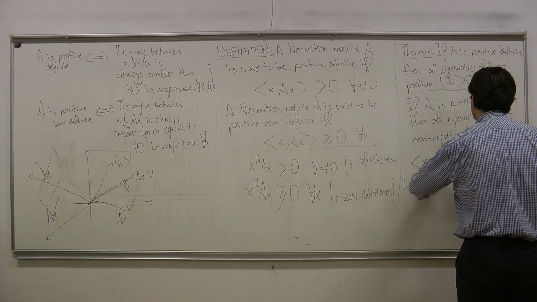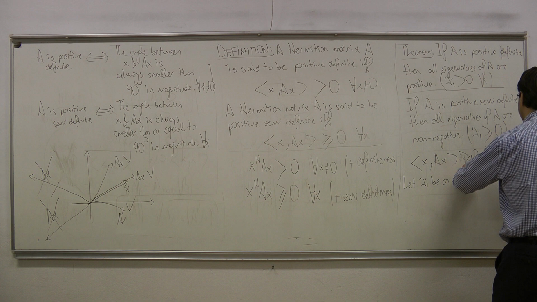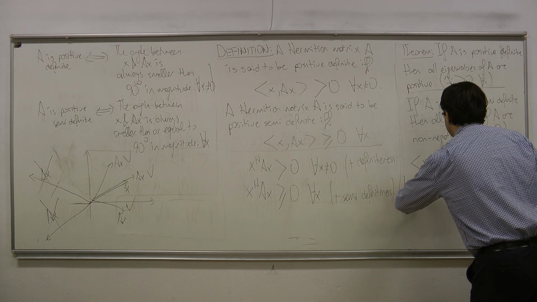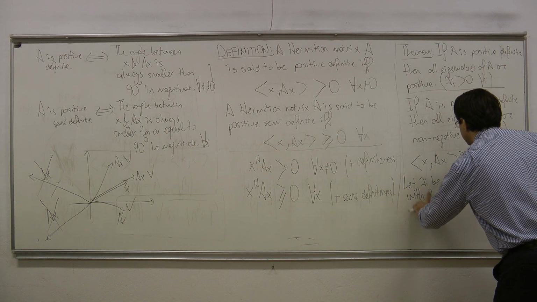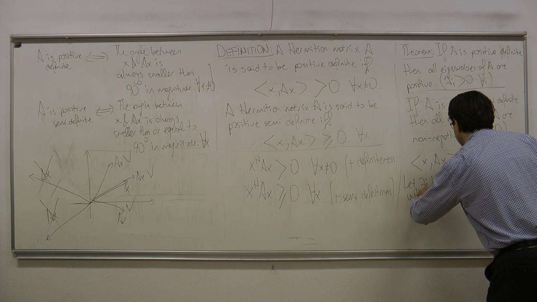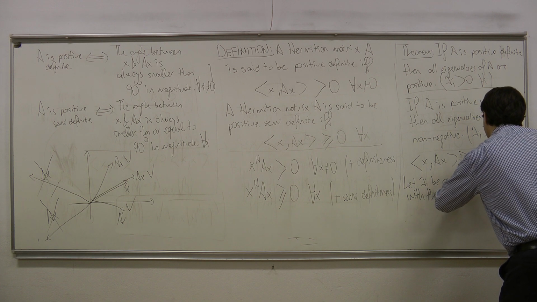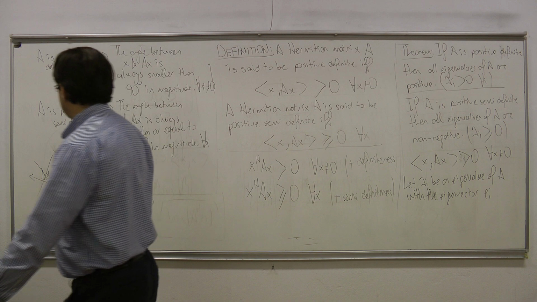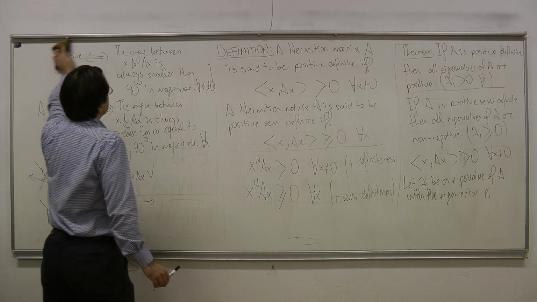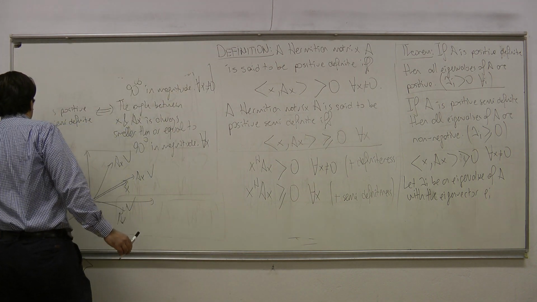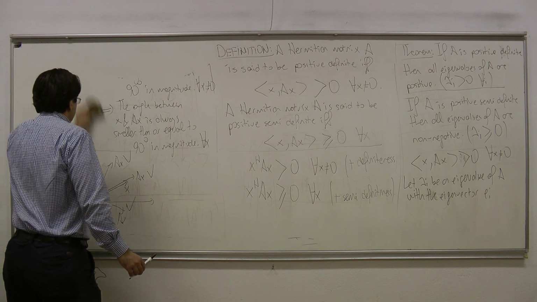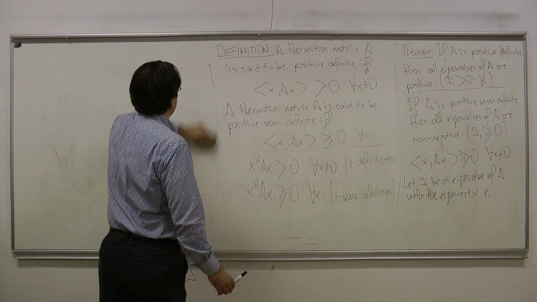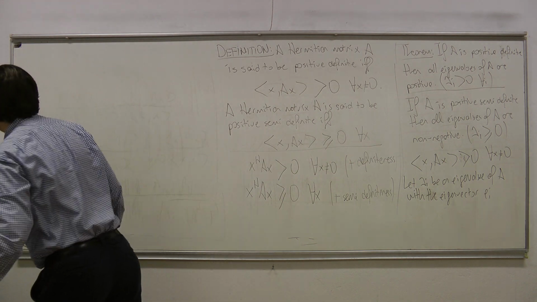Let lambda_i be an eigenvalue of A with the eigenvector e_i. Okay? So let us say that we have an arbitrary eigenvalue of A, lambda_i, and the corresponding eigenvector e_i.